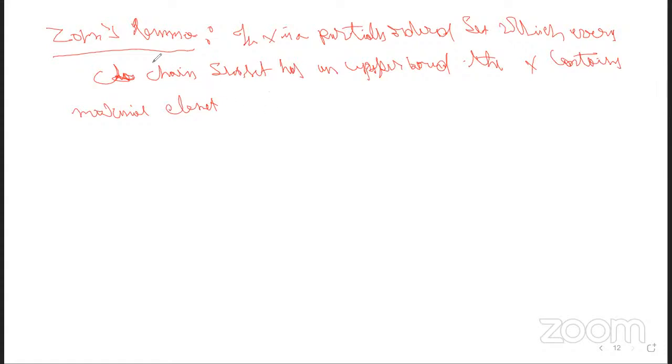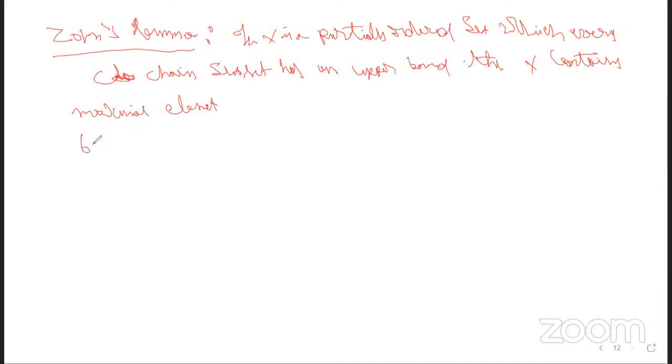What is Zorn's lemma? Because this will be used further. If X is a partially ordered set, which we just discussed, in which every chain or totally ordered subset has an upper bound, then X contains a maximal element, at least one element.